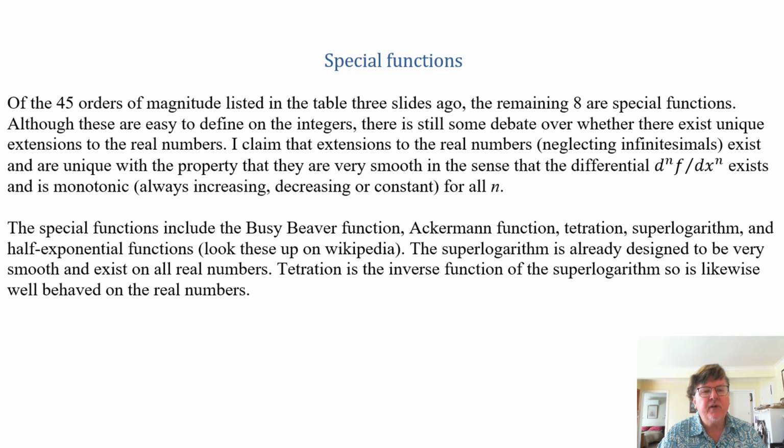The special functions from 3 slides ago include the busy beaver function, which increases very rapidly, the Ackermann function, which also increases very rapidly, tetration, superlogarithm, and half-exponential functions. The superlogarithm is already designed to be very smooth and exist on all real numbers.